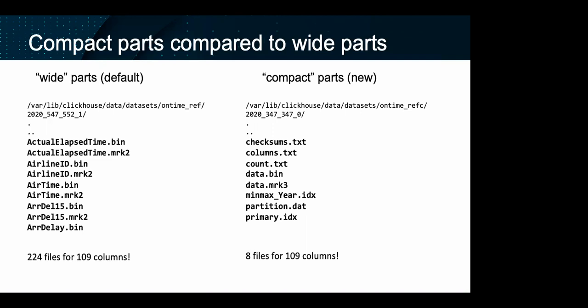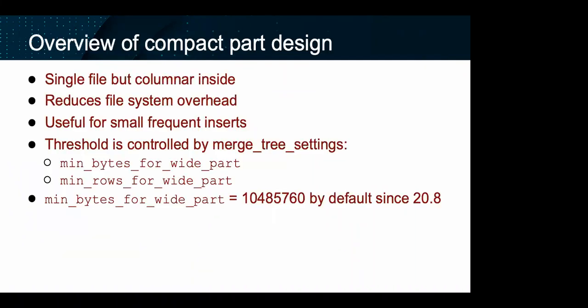So you can see the difference is tremendous, and this pays out pretty well in insert time as well. Just to summarize the compact part design, this is a single file or a couple of files, but the internal structure is still columnar. It's not a row store, it's just a different way to store the data. The main purpose is to reduce the file system overhead, especially on small inserts.